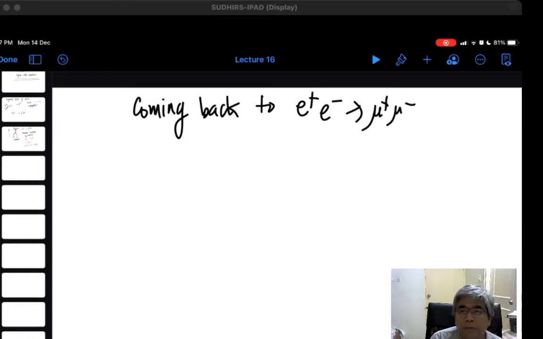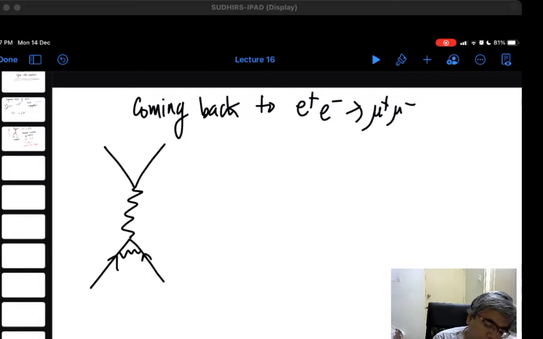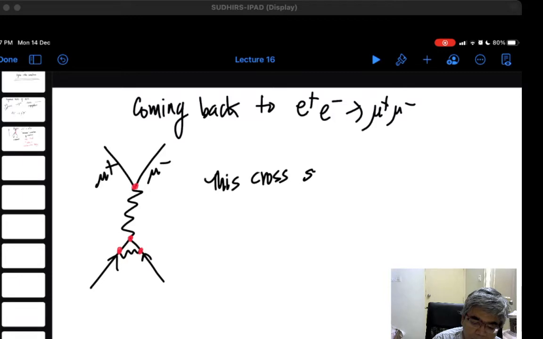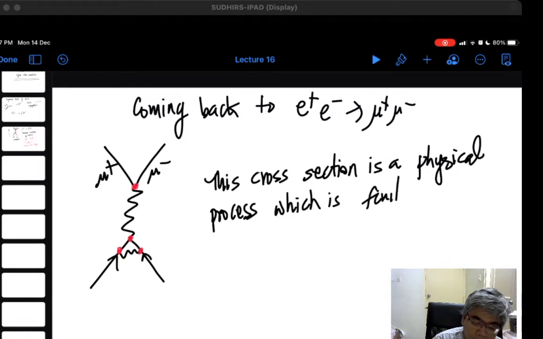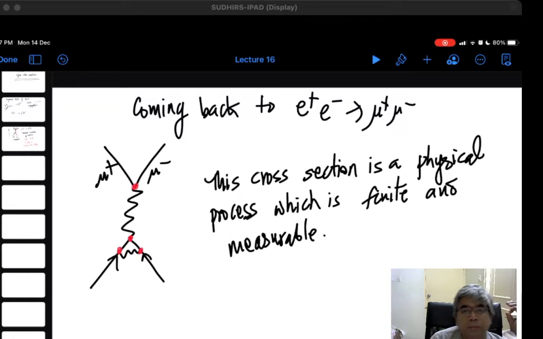This is a physical process where everything is measured, so the cross section should be finite and measurable.